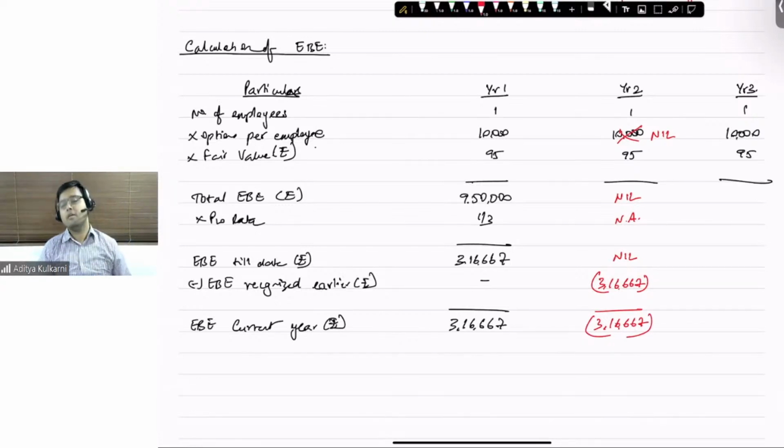Because now I think I'm not going to meet that condition, and therefore reverse the 3,16,000 which you have already recognized. And now in the third year, you expect to achieve the target. So 95 into 1 into 10,000. So this comes to 9,50,000.